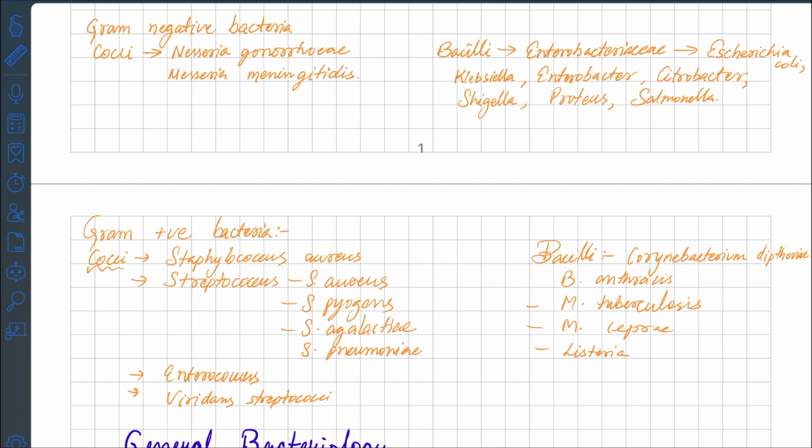They can be either gram positive or gram negative. On the basis of shape, there can be cocci, bacilli, comma shape, spherical, and others. But the most important ones which we need to remember, I have listed here.